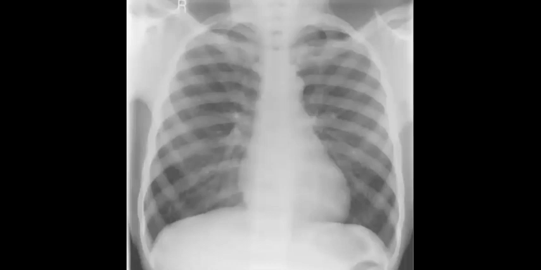So if it's not metastases, what else can make this appearance? Yes. Could be, yes, it can be sickle cell disease. Then you will search for signs of sickle cell disease.